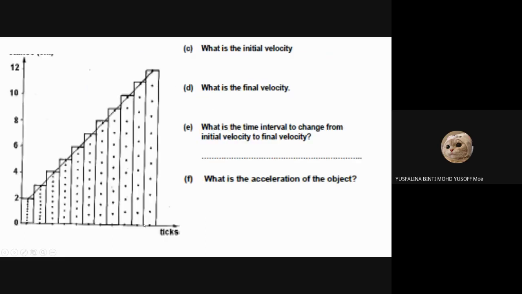Next part, what is the initial velocity? You already know the formula, U is S divided by T. For this part, U is here, V is here.